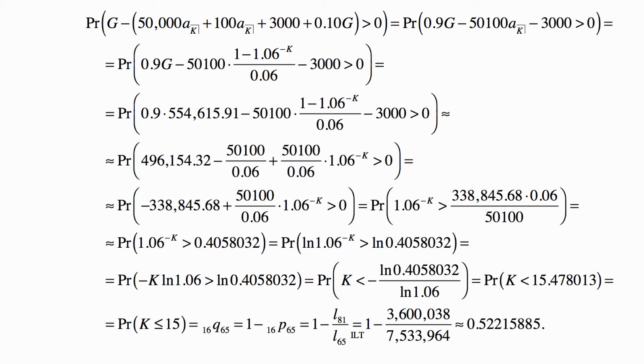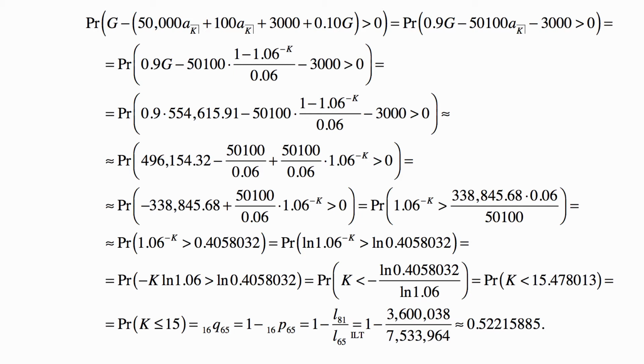The negative 3,000 is already incorporated in this calculation by being subtracted from 0.9 times 554,615.91. Then, after we calculate the 50,100 over 0.06 and subtract it, we get a negative number actually, negative 338,845.68 times 50,100 over 0.06 times 1.06 to the minus k.